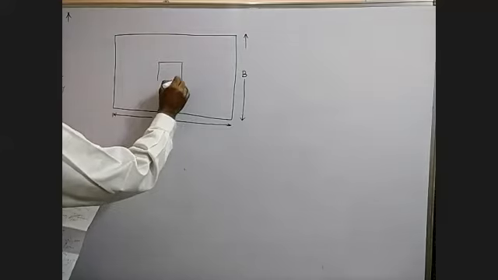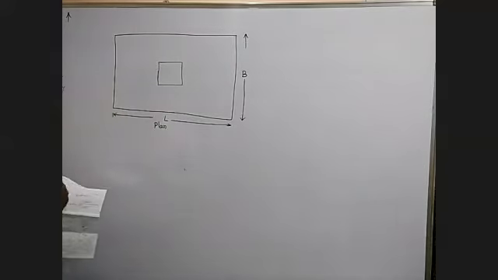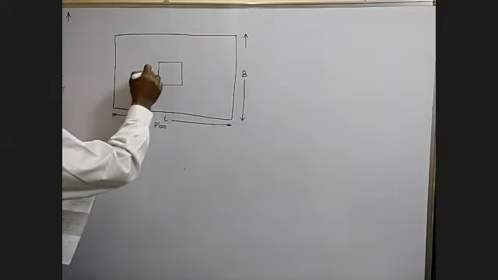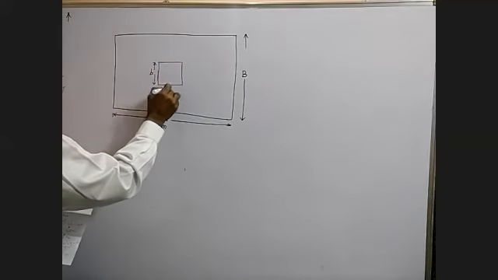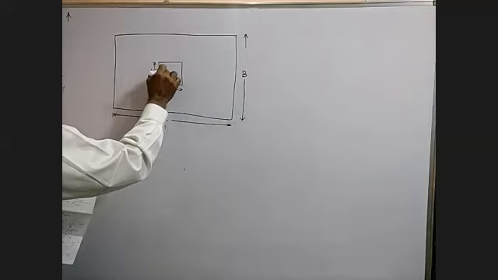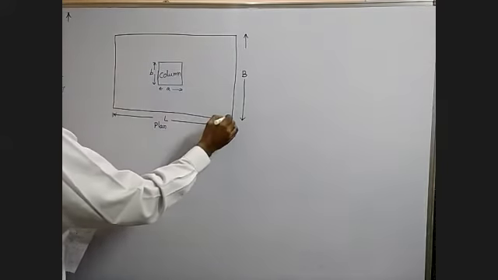Now you have a column here. Let us say this is small b and this is small a. This is the column. This is the footing.